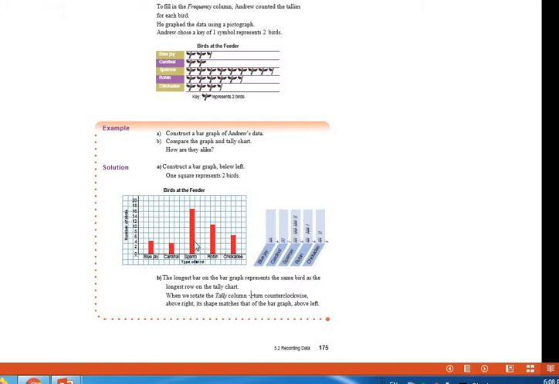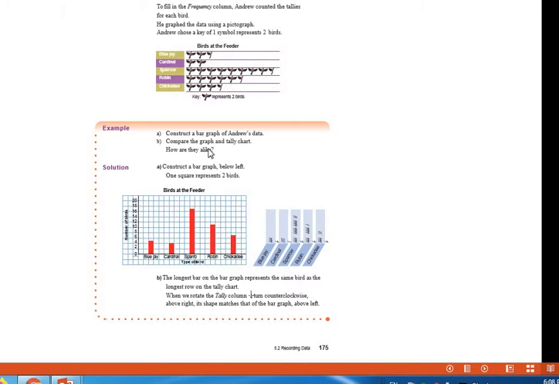Now here he asked me to do what? To construct a bar graph of Andrew's data. The same data here for the frequency table and for the pictograph. He asked me to do a bar graph.